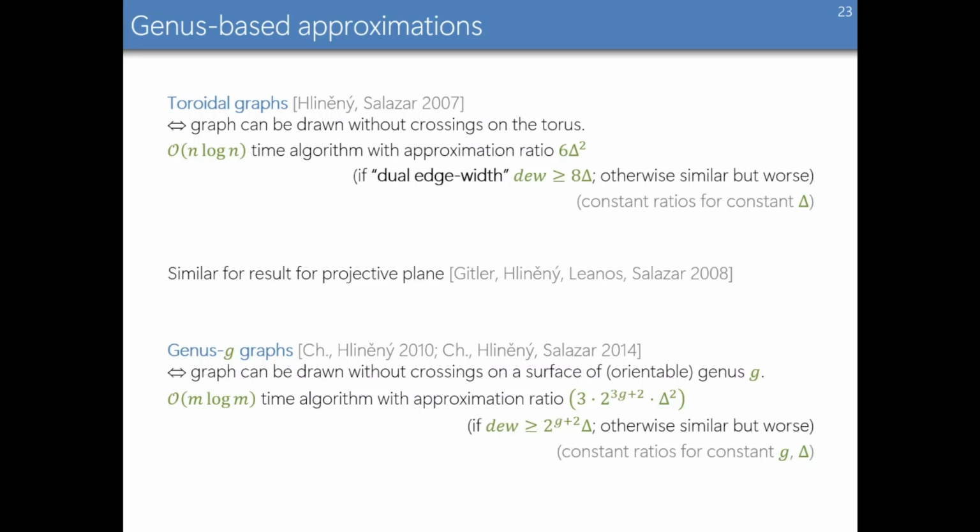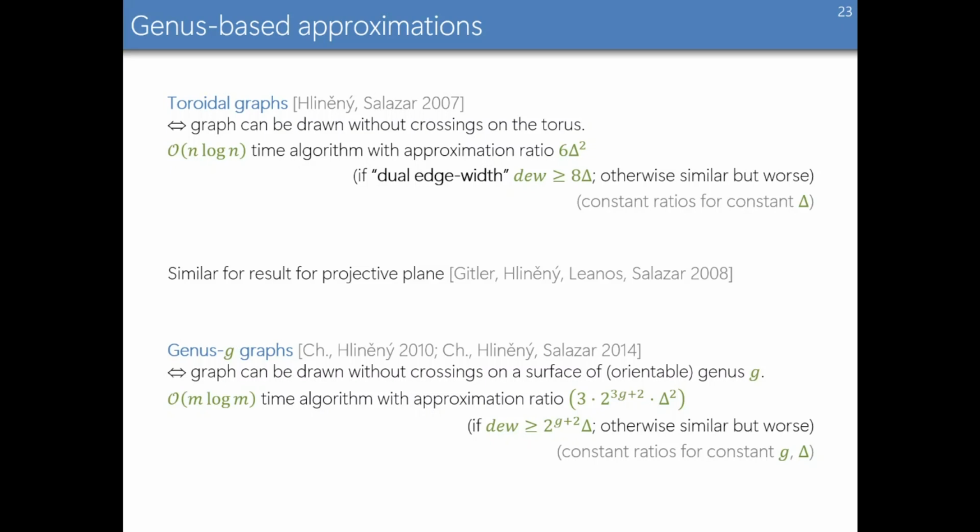And the approximation ratio, well, it looks a bit more disgusting, but if the maximum degree is constant, as we assumed here, and the genus g is constant, up here we would have assumed genus to be 1 and only resolved that case. We can have any genus, and if the genus is constant, then this boils down to a constant factor approximation again. The ratio is horrible, of course.